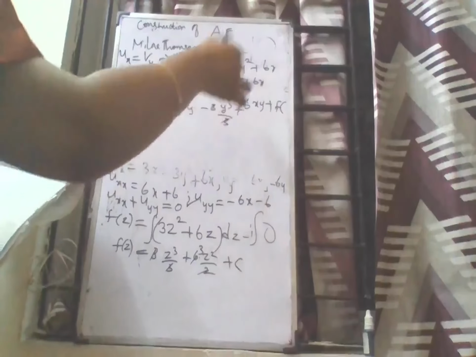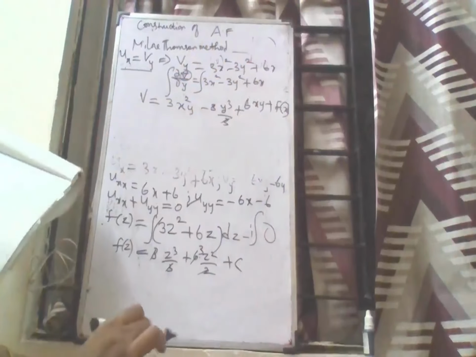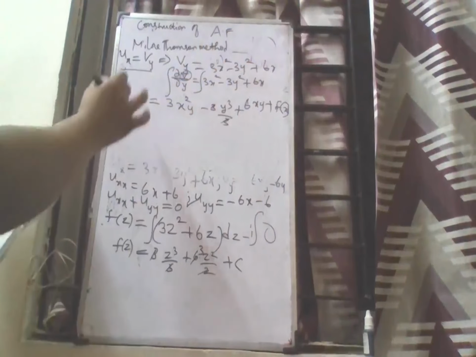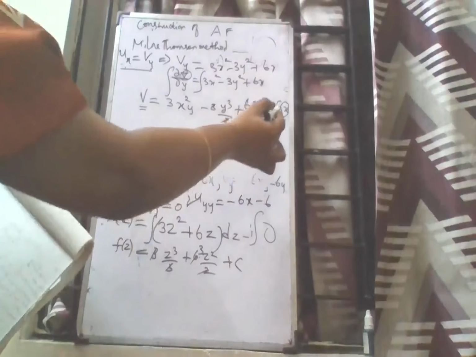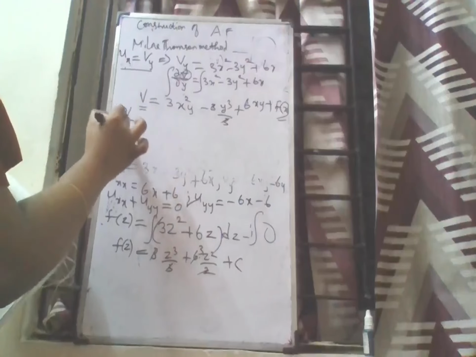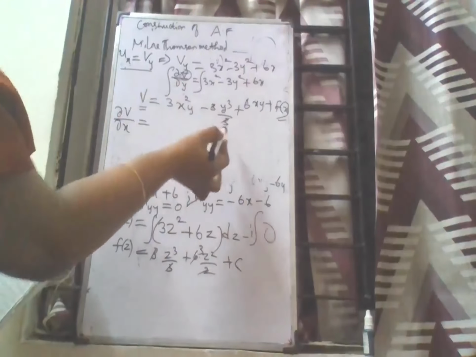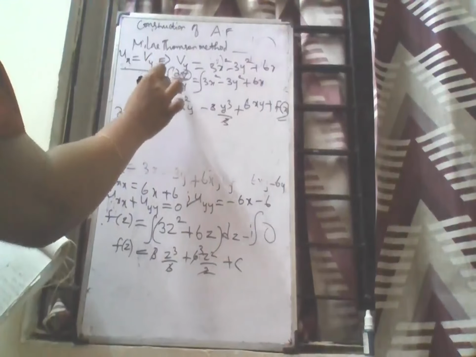Yes, I got v here. This is nothing but the conjugate, what they ask here. But provided I have some function of x, I need to find what f of x is. Then only our equation will be correct. For that, I'm going to find dou v by dou x. Let us wait and watch. What is dou v by dou x? See here, initially I integrated, I got v.